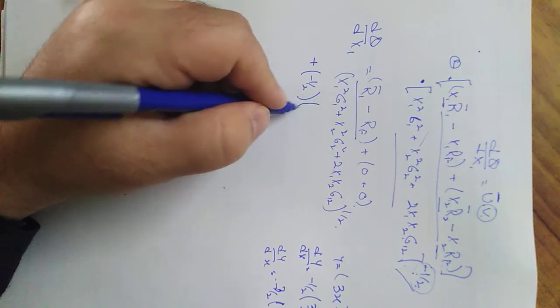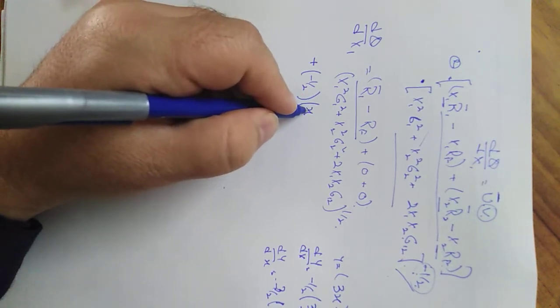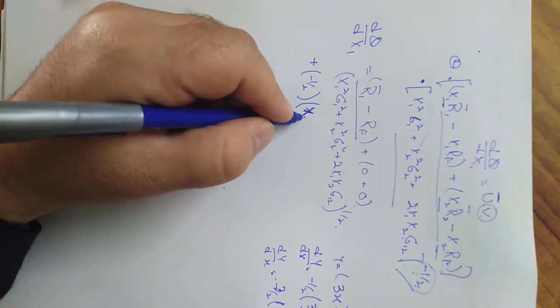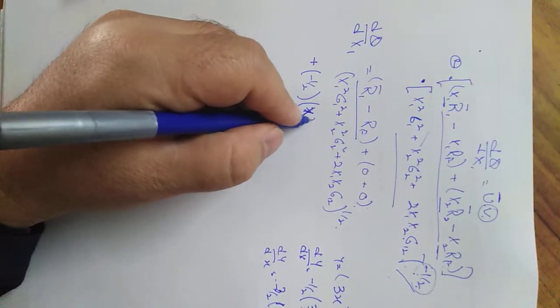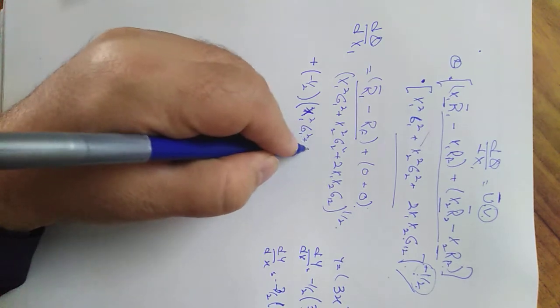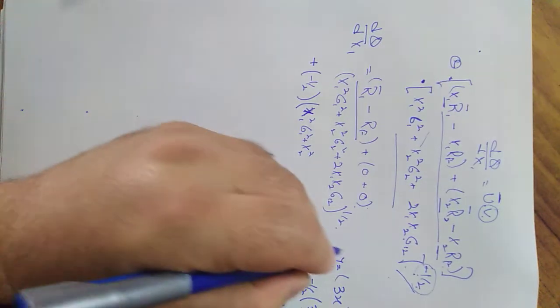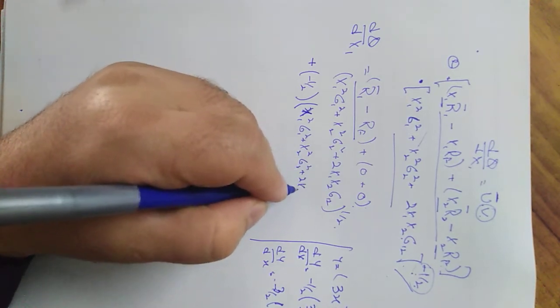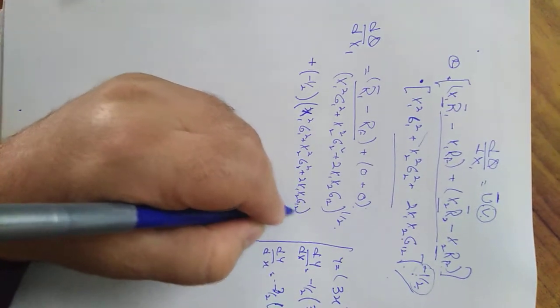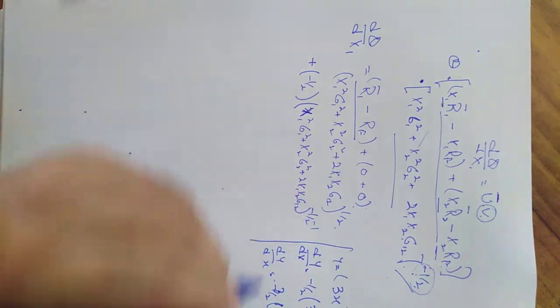Then we leave the equation as it is. We won't change the equation. Don't mind the congested writing. And we subtract 1 from the power.